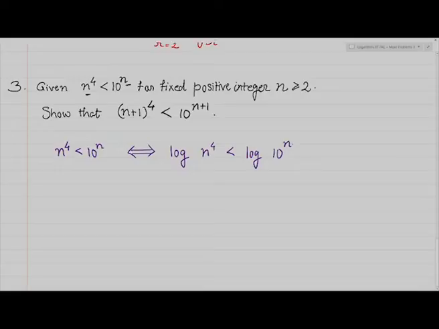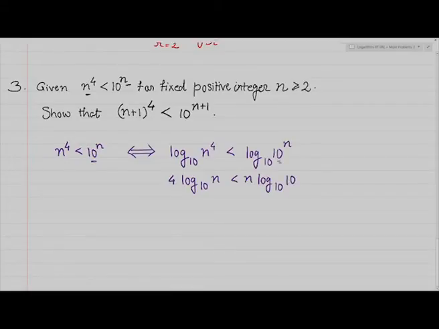Now, I want to make the problem simple. So what base shall I choose? Because this is 10 raised to n, it will be better for me if I choose the base 10. Why? It will be clear later. Then I can rewrite this as 4 times log to the base 10 of n less than n times log to the base 10 of 10.